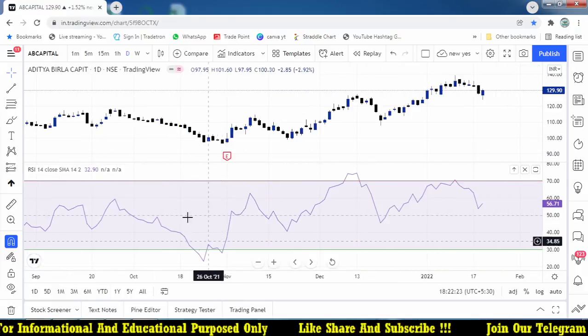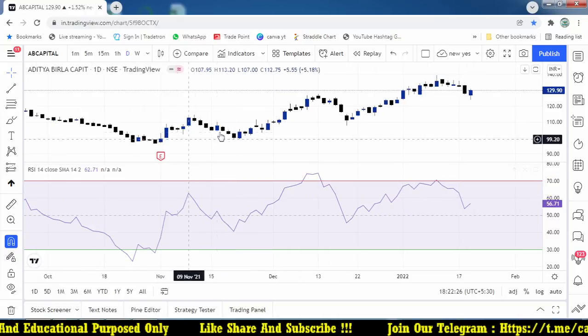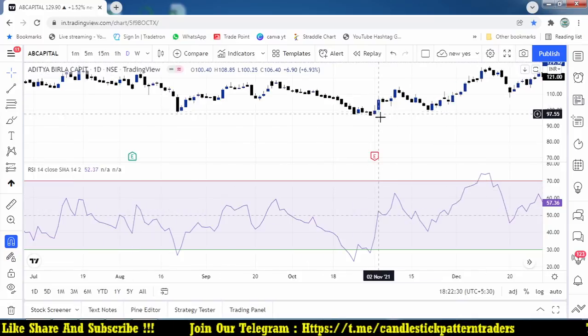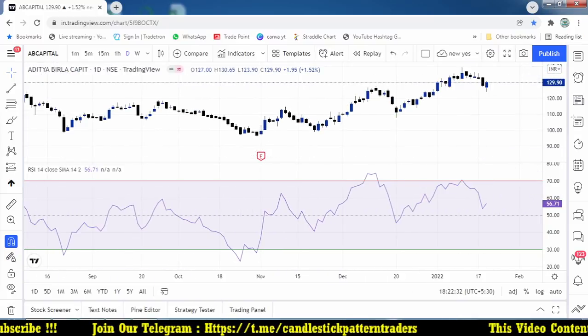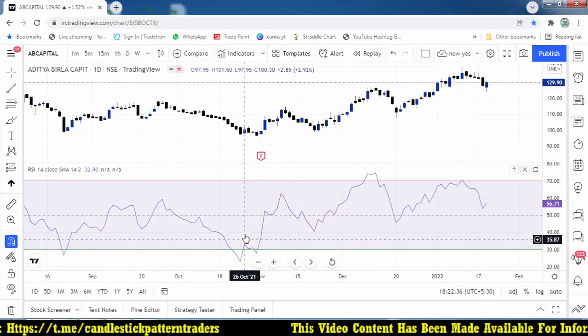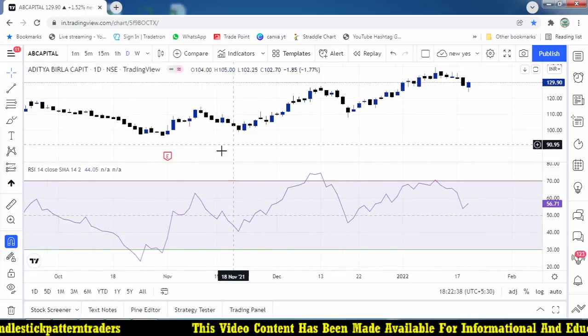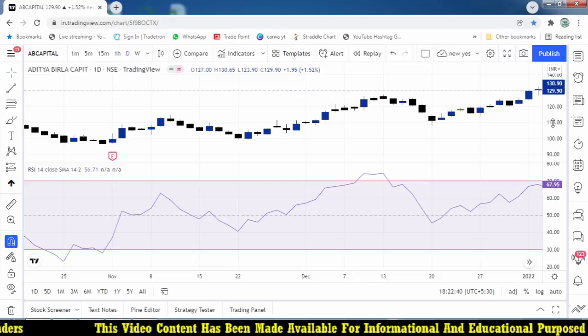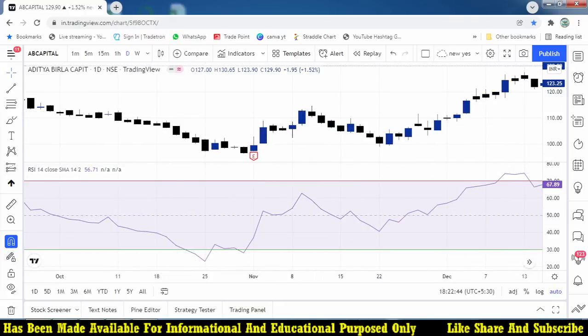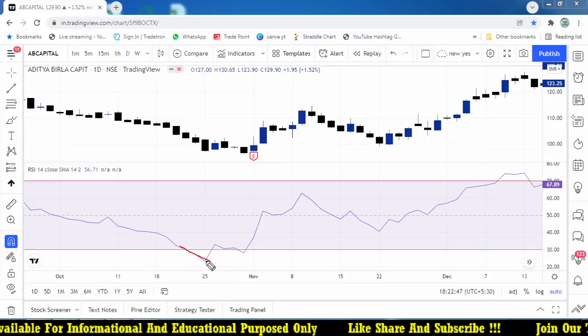So when you see that the RSI crossed below, at this point of time, a buy signal, how many times did we get a buy signal? The first one we got in the same stock at this particular moment. So this particular day we got a buy opportunity, the first one. Can you able to see that? So previously RSI was below 30. Do you understand that, below 30 RSI?